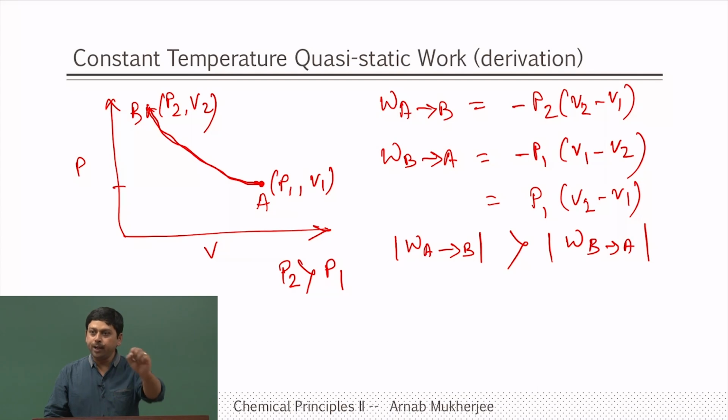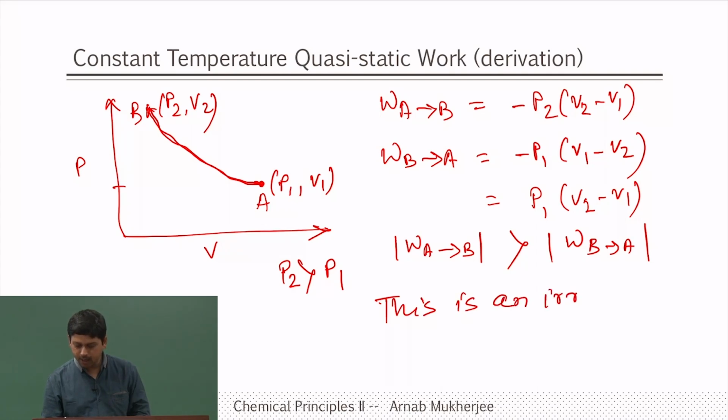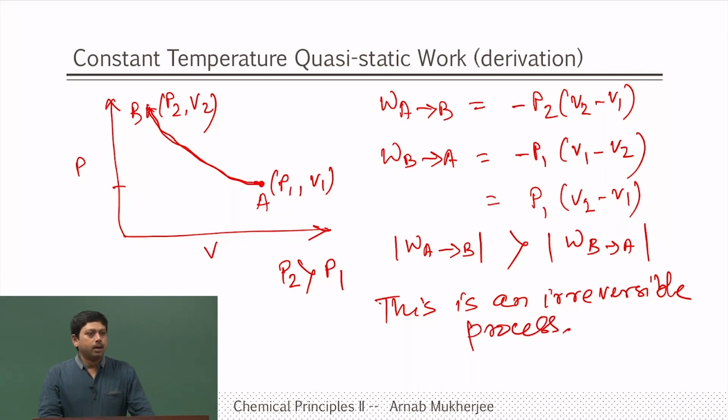So, when you go from A to B and do some work, the same amount of work cannot bring us back from B to A. So, that is why this process is called an irreversible process. Right? This is an irreversible process because we have lost something.